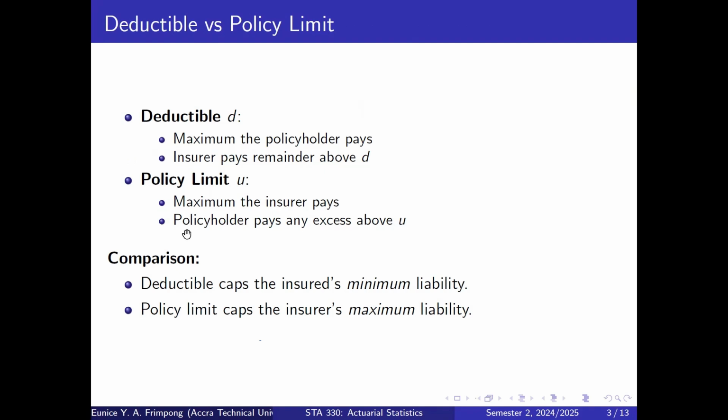The insured takes care of anything beyond this. So to summarize, a deductible caps the insured's minimum liability, and the policy limit caps the insurer's maximum liability. They serve opposite but complementary purposes in managing risk.